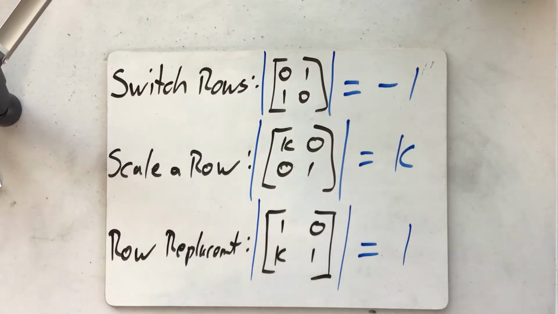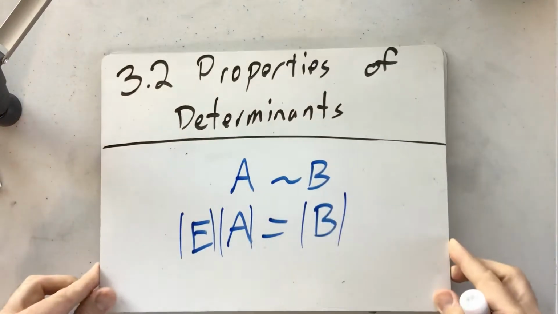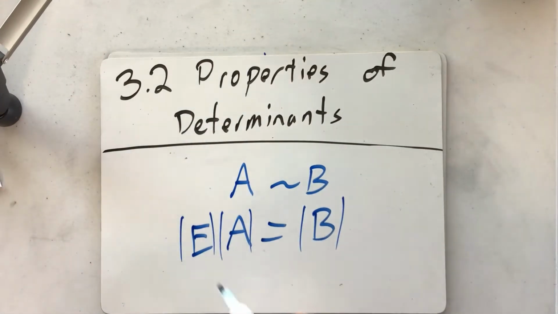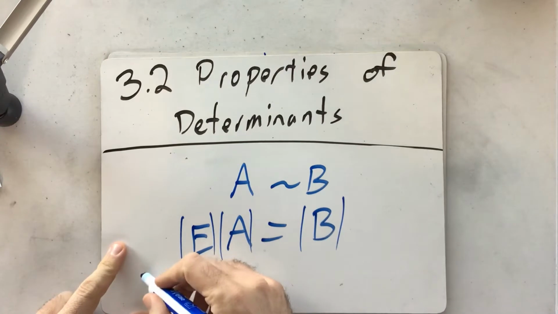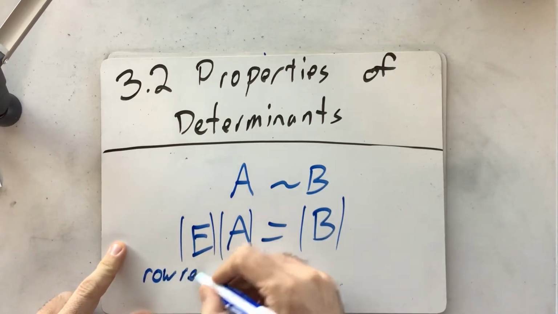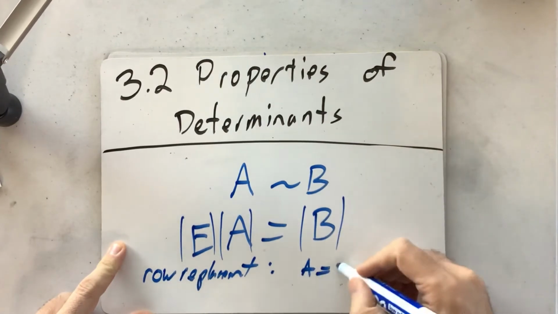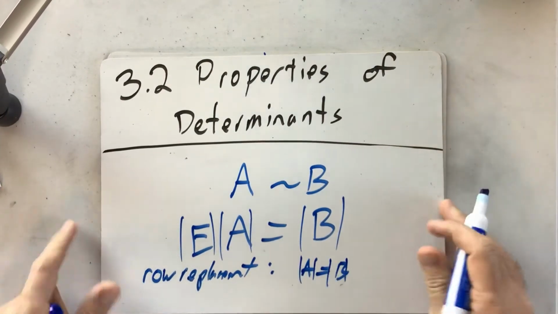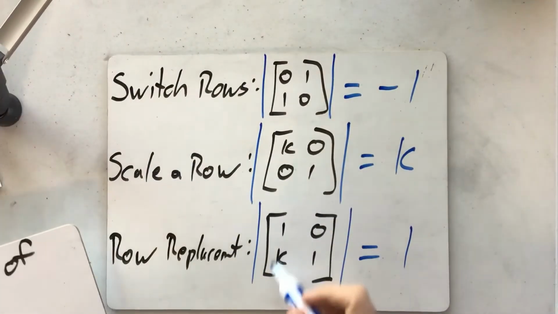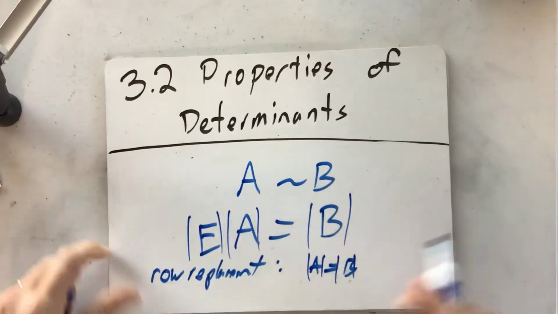So what you can see when we start to row reduce like this: if we do a row replacement, then A is equal to B in determinant, so the determinant doesn't change. As long as we do a row replacement like this, our determinant doesn't change.